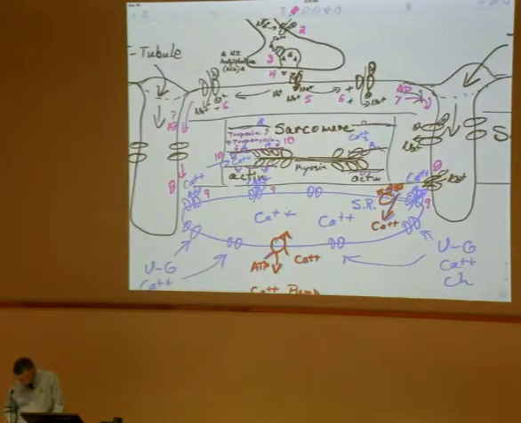And after time, in a slower process, the calcium pumps move the calcium. So muscle contraction is fast to start, but it's slower to end because you have to wait for the calcium pumps. Okay?